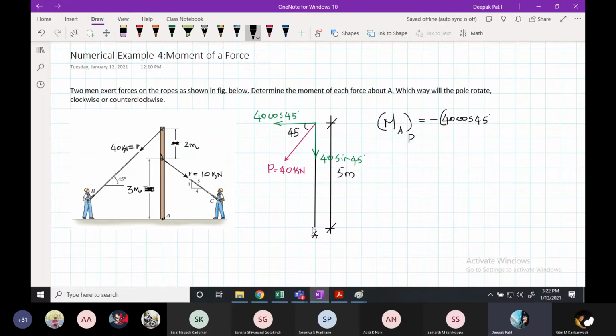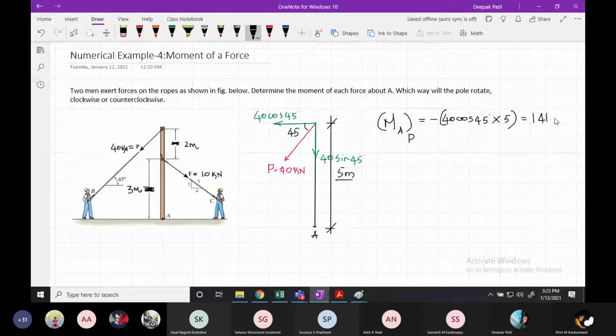And you can see the perpendicular distance, that is from A up to this point, is equal to 5 meters, multiplied by 5, which is 40 cos 45 multiplied by 5, coming out to be 141.42, and the units are kilonewton meter.